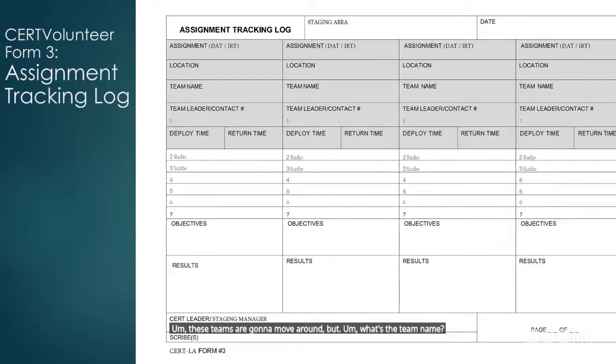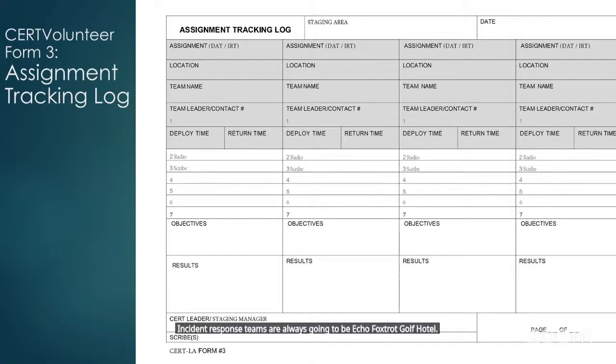And don't overcomplicate it. For us, we're using the NATO alphabet: Alpha, Bravo, Charlie, Delta. But we also standardized that damage assessment teams are always Alpha, Bravo, Charlie, Delta. Incident response teams are always going to be Echo, Foxtrot, Golf, Hotel.